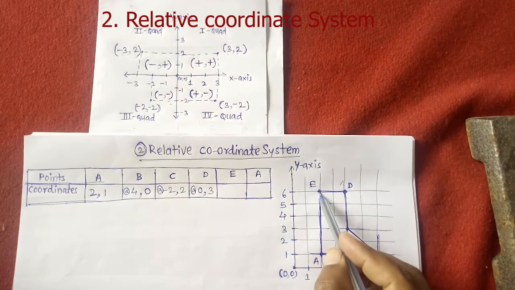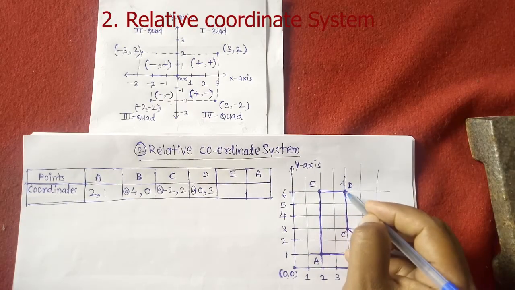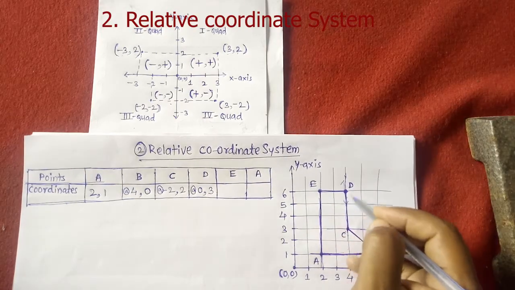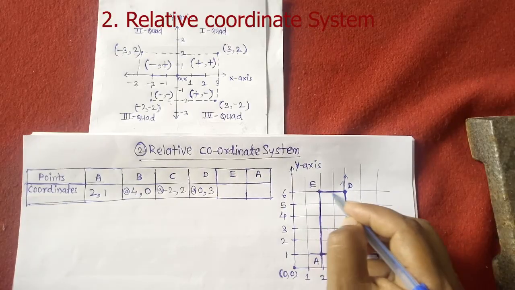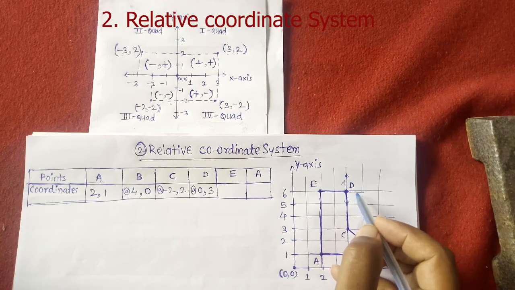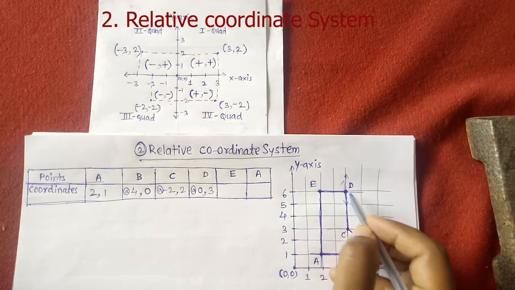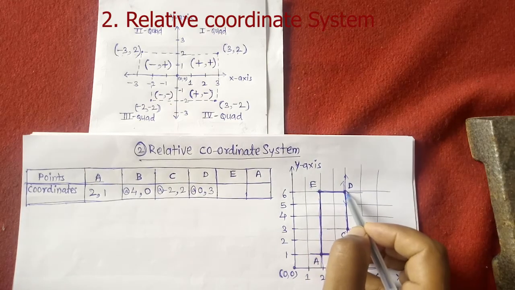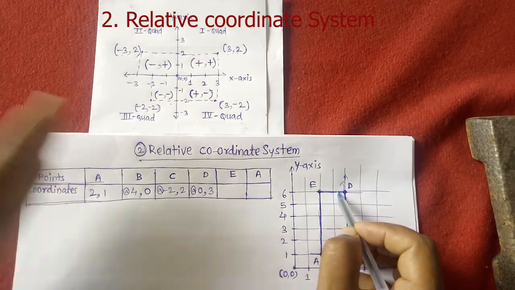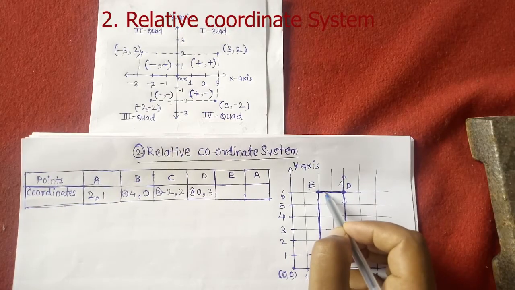Next we are going to calculate the coordinates of point E. Now to calculate the coordinate of point E, we must consider point D as a reference origin and then calculate the coordinates of point E. Considering this point D as a reference origin, this point E is located on the left hand side of the x-axis by 2 units, or displaced by 2 units.